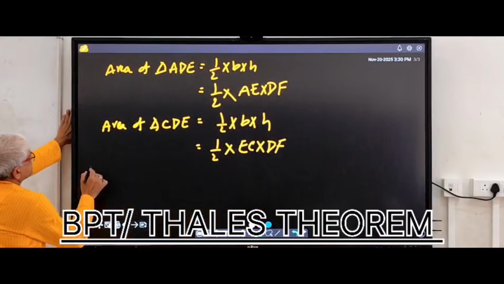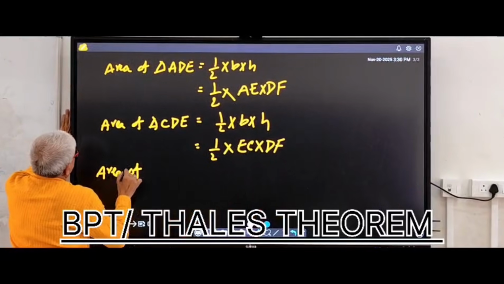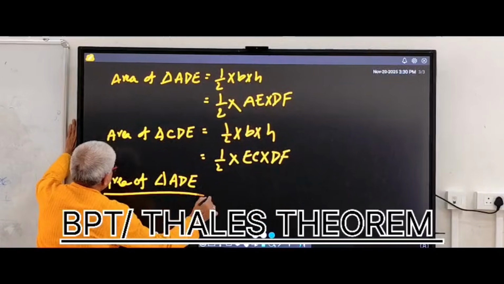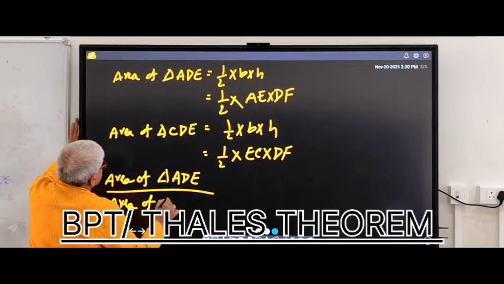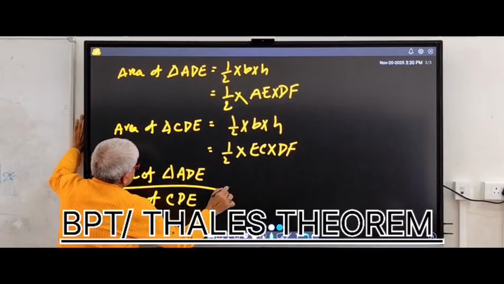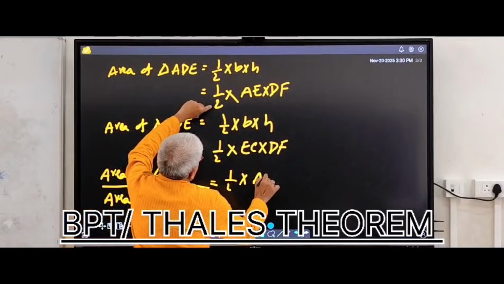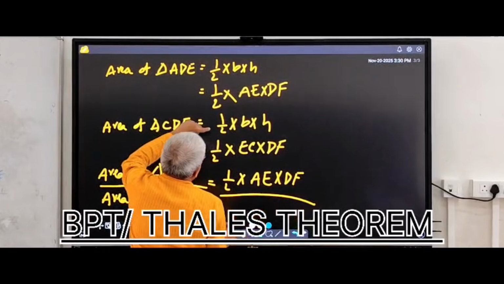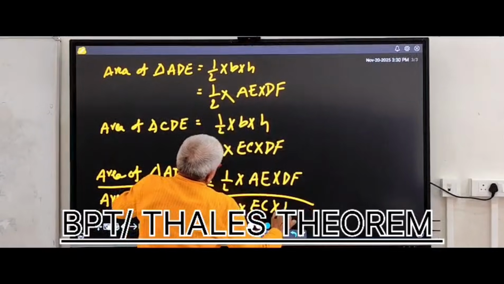So what I will do? I will take the ratio of this, area of triangle ADE by area of triangle CDE, is equal to, area of triangle ADE is half into AE into DF, whereas area of triangle CDE is half into EC into DF.